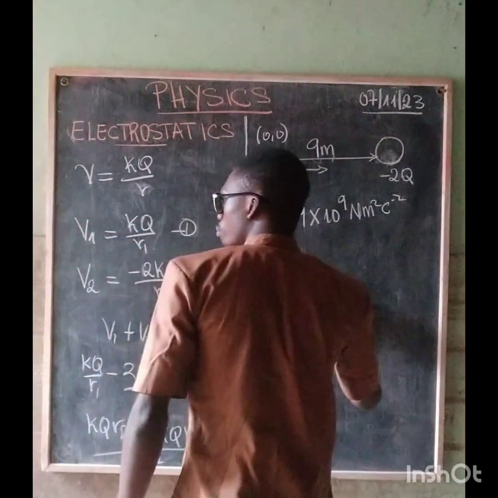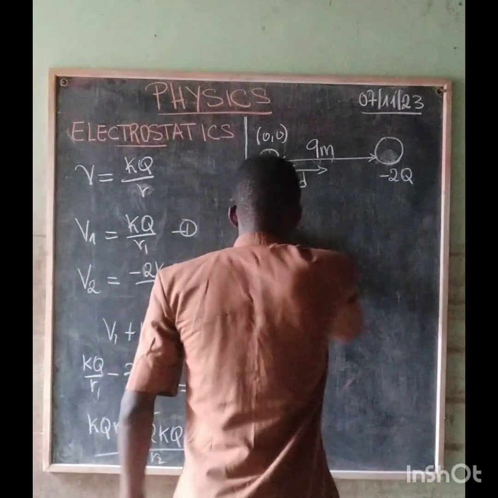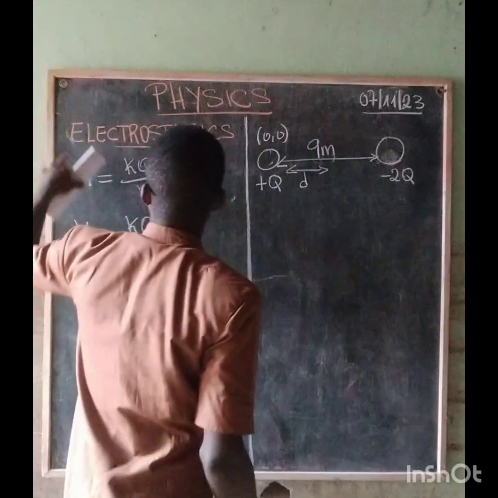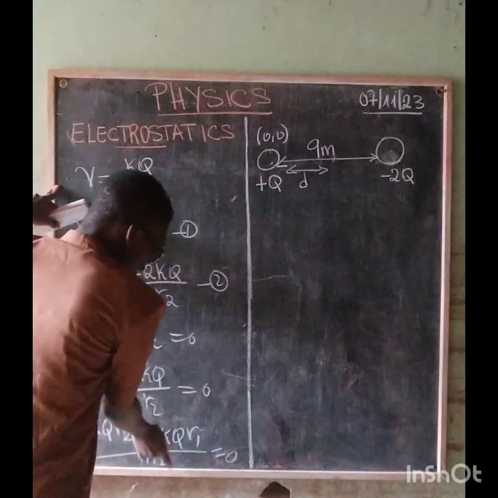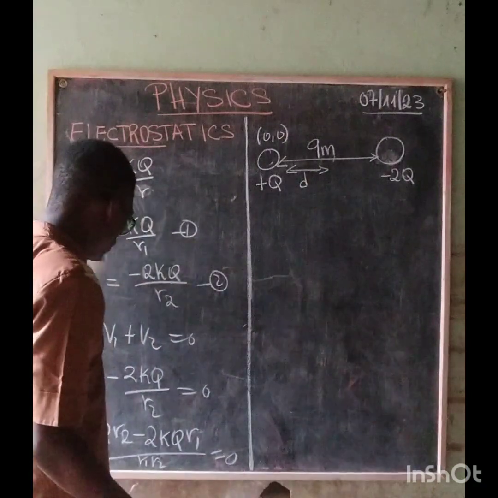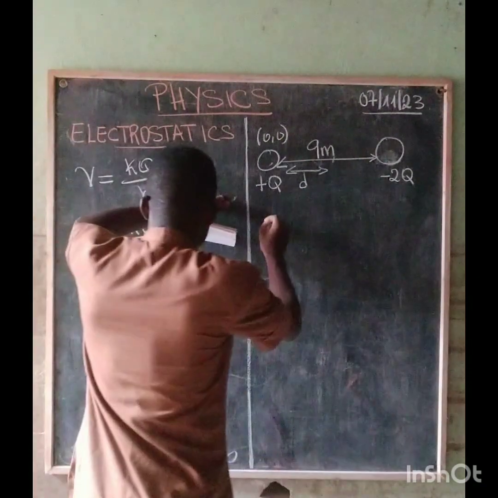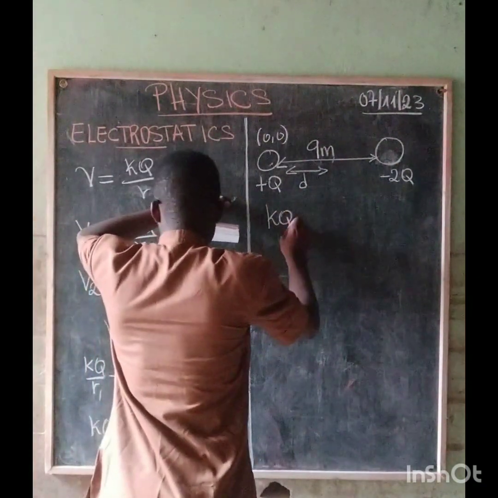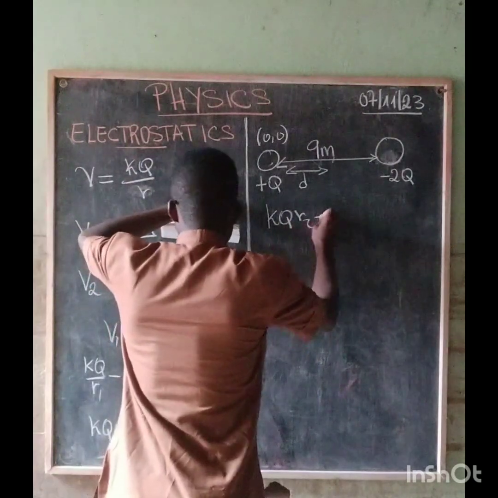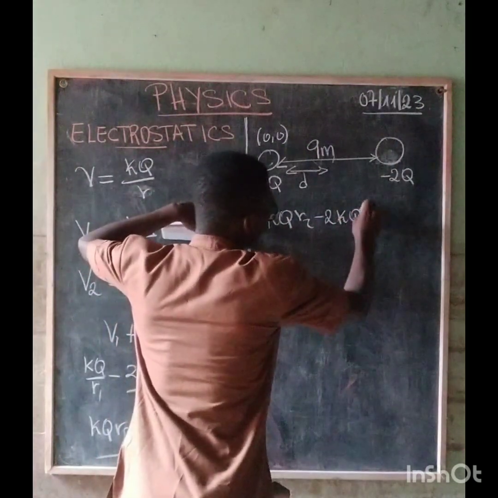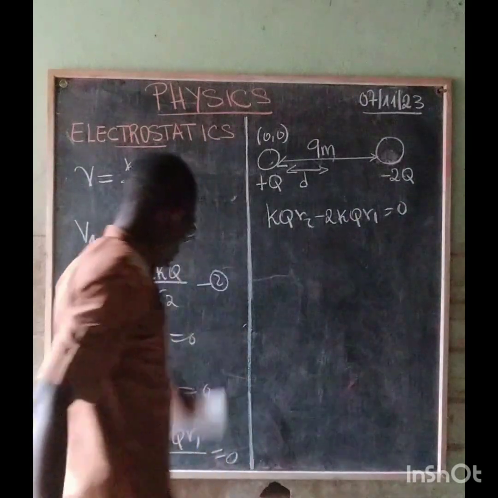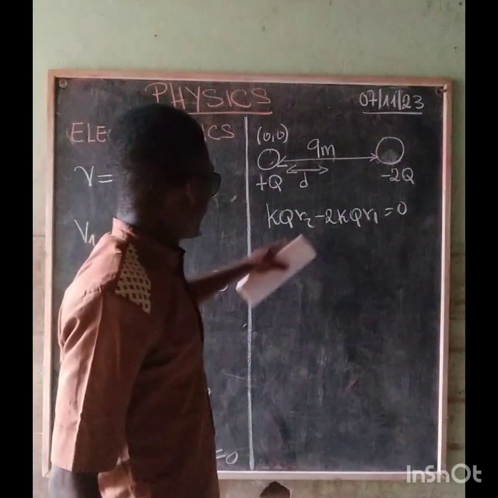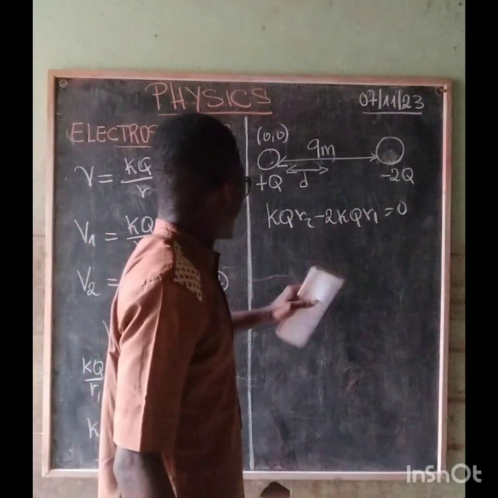And now, if this is equal to 0, it simply means that the numerator is equal to 0, which is KQ R2 minus 2KQ R1 should be equal to 0. We can simplify by KQ.